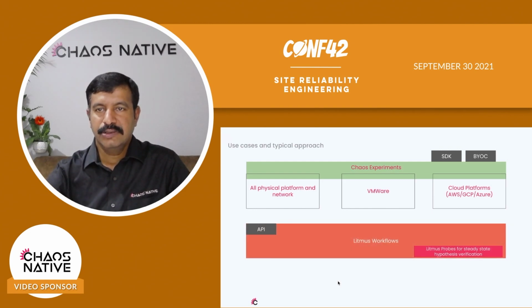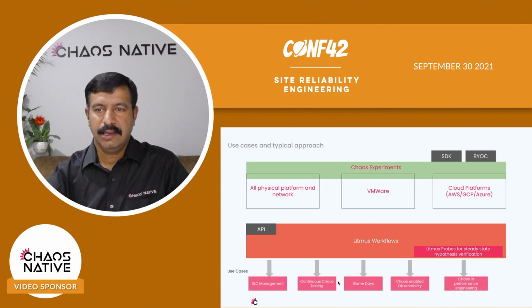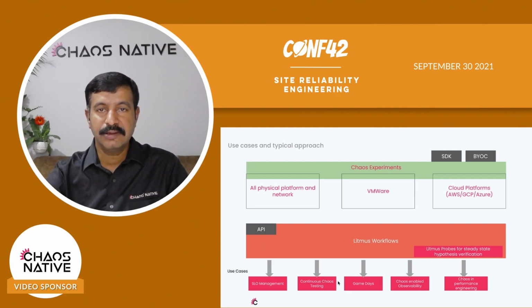And you use these experiments to build a Litmus workflow, and you write the steady state hypothesis validation using Litmus probes and use it in any of the following use cases. SLO validation or management, that's what we just talked about, and continuous chaos testing in your quality engineering or game days, or to validate your observability system is working fine.